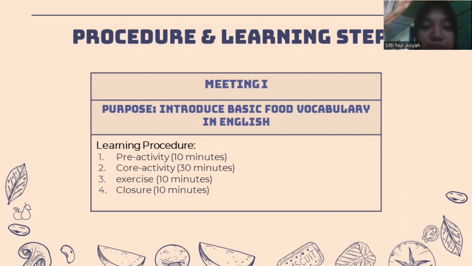Then ask them to read what they have just written. Fourth, and the last activity in this meeting, closure, which will take 10 minutes, where the teacher will motivate the students to use new vocabulary in sentences or simple dialogue, summarize the main points, and give positive feedback to students' improvements. So that's all for the first meeting.